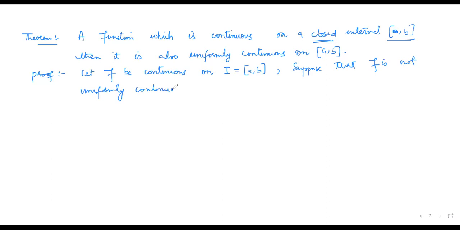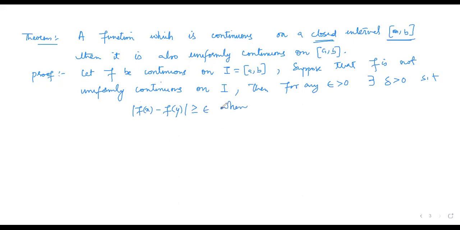We will prove by contradiction. Then for any epsilon positive, there must exist some delta positive such that |f(x) - f(y)| violates the condition whenever |x - y| is less than delta.